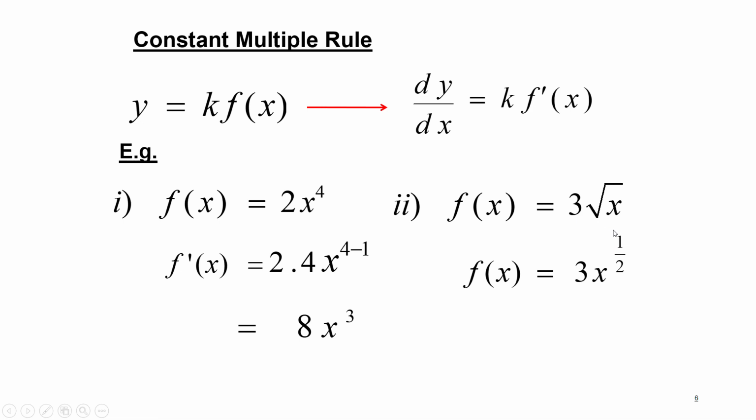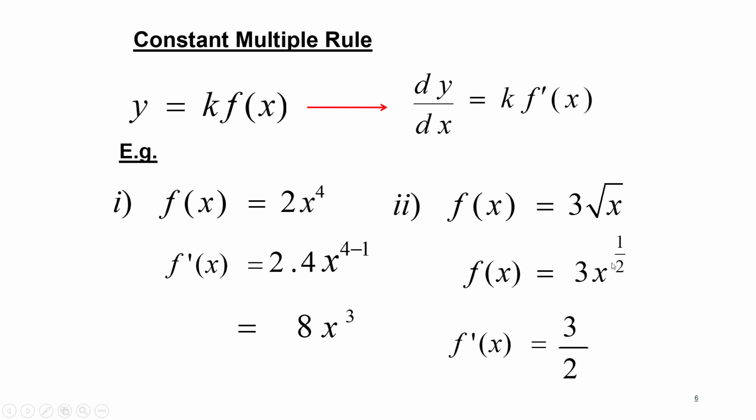Now why it's x power half, you can verify using laws of indices. Nth root of x, how do you write that in indices form, right? So now we can differentiate this because we have a power, so this half can come in front, or we say it gets multiplied in front. So this is how we are going to do. Half times 3 is 3 over 2, this half coming in front.